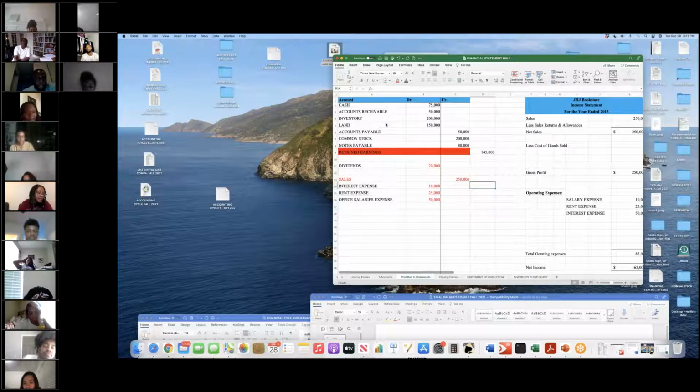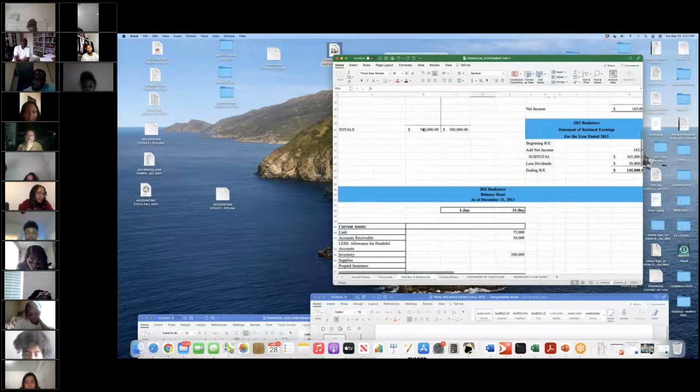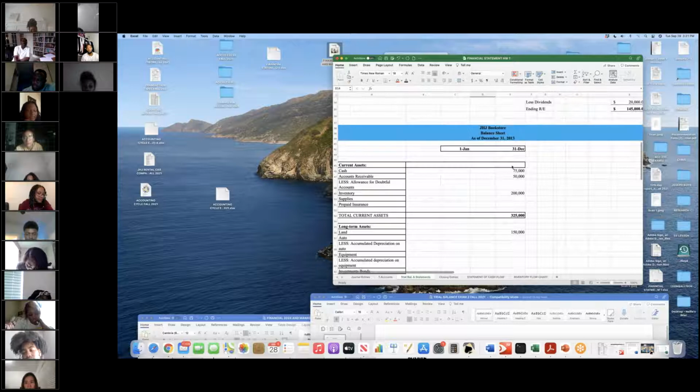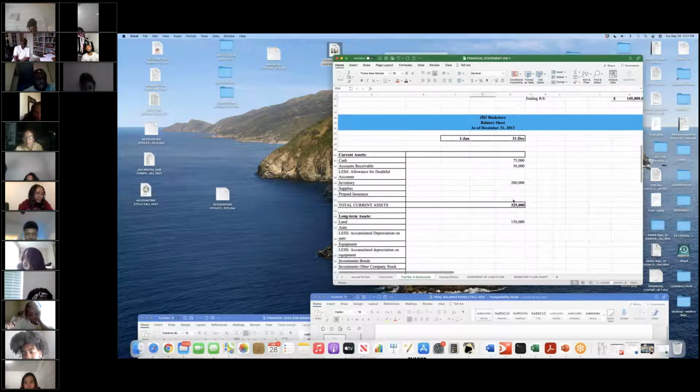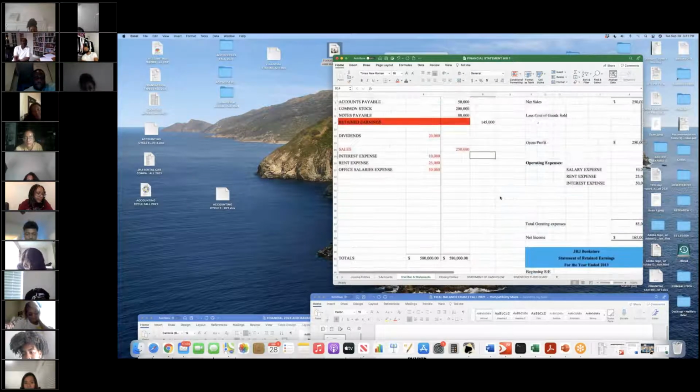Basically, what we've done in a simple case, for retained earnings, everything above it on the left, we put as assets and came up with total assets.